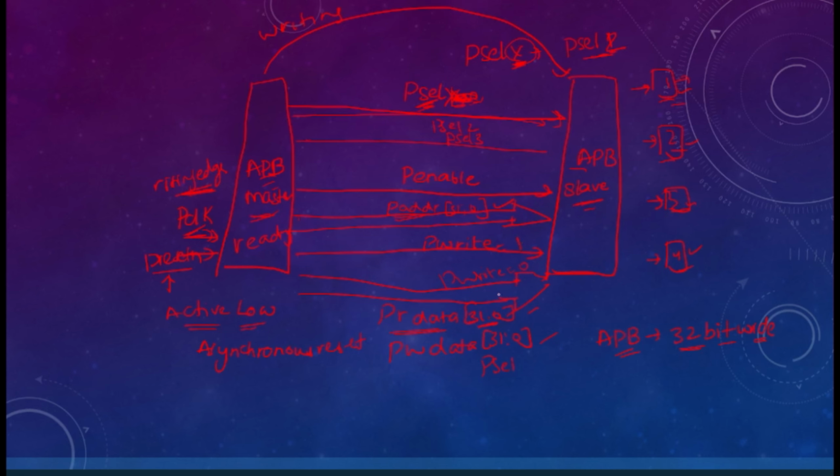When you want to transfer data from master to slave, it goes the other way. Both are 32-bit wide. Write data means a write transfer takes place, and read data means a read transfer takes place.